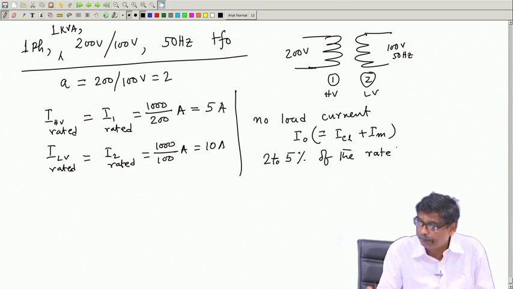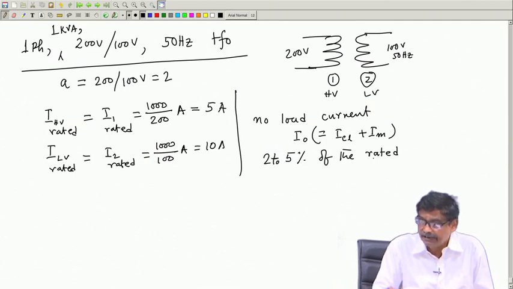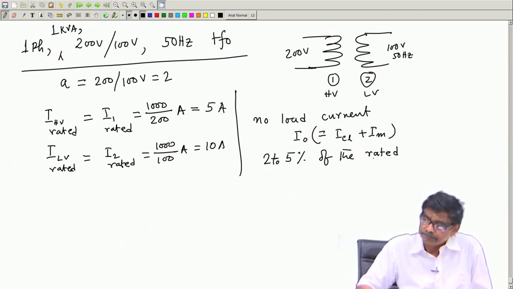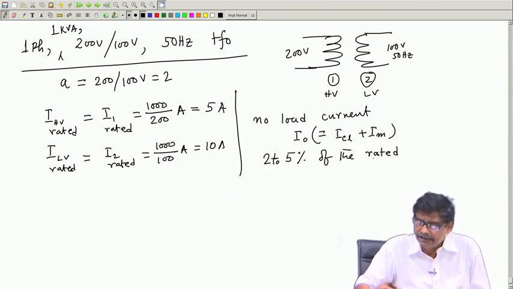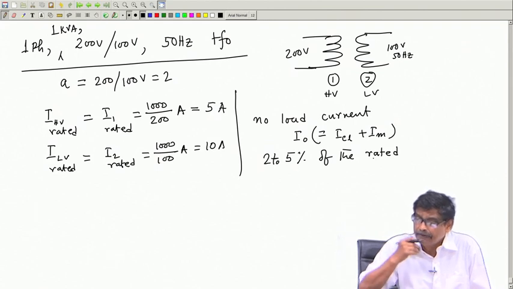As a practicing engineer, this idea must be there. That is, it must be a well designed transformer. Whoever has designed this transformer must have seen that eddy current and hysteresis losses are reduced.